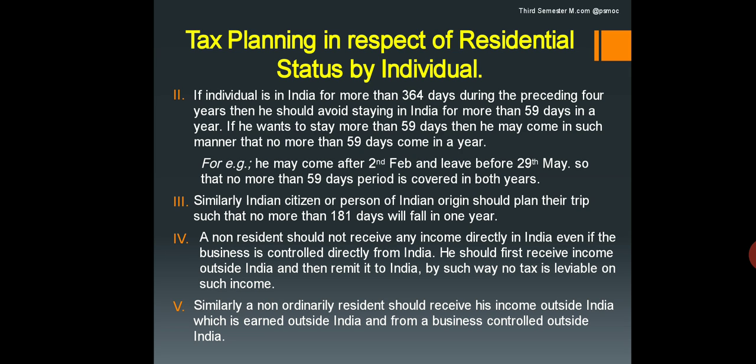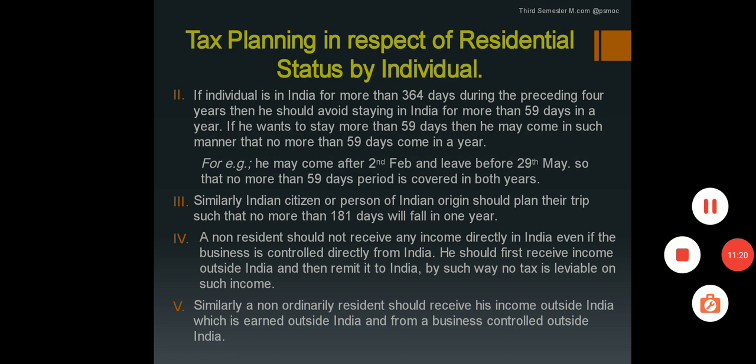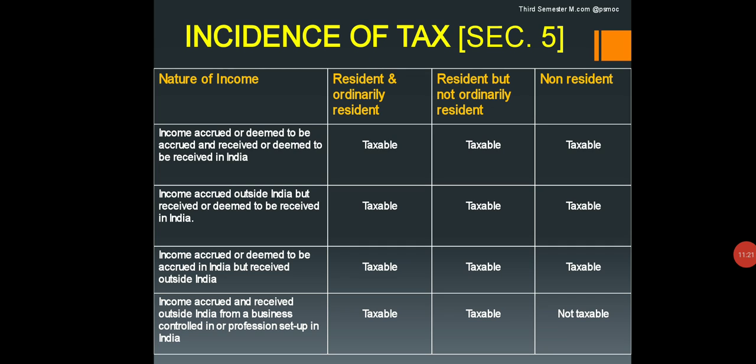Then, similarly, a non-ordinary resident should receive his income outside India, which is earned outside India and from a business controlled outside India. You got the idea? If you're looking at the chart, in the last classes I had showed you that chart. You see, this was our incidence of taxes.